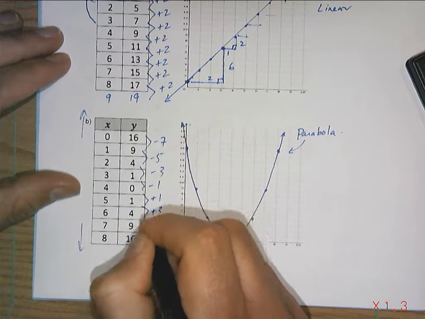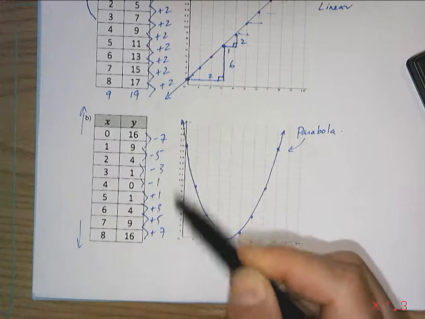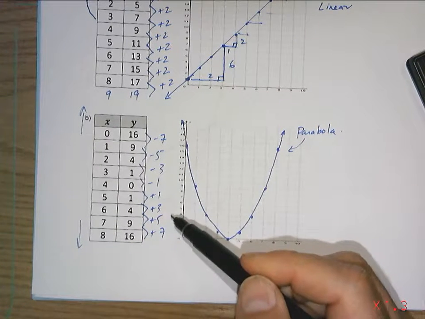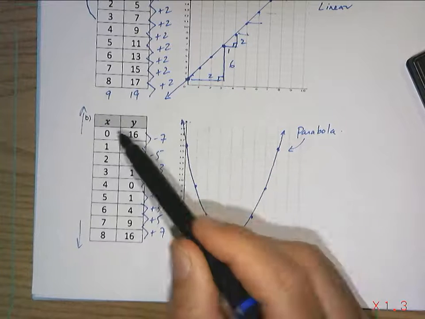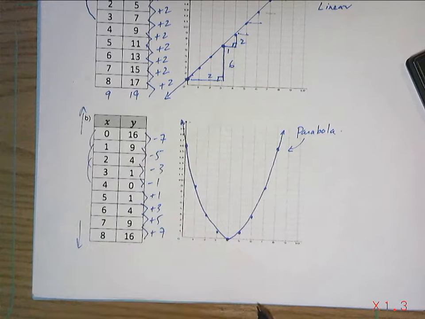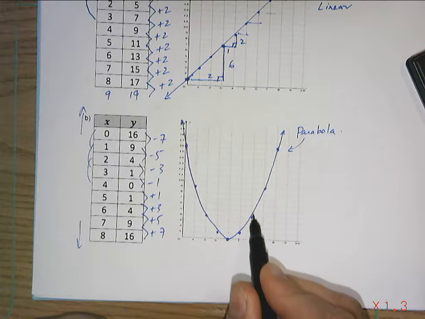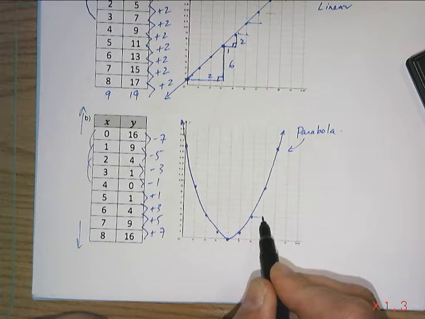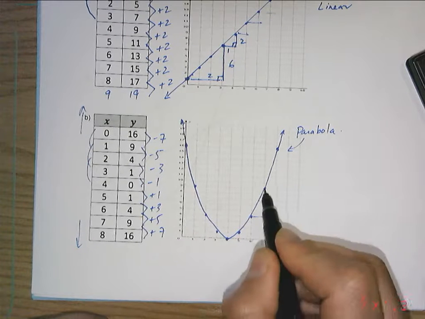Then plus 3. Then plus 5. Then plus 7. This is definitely not the same as this one, is it? It doesn't have the same constant rate of change in between each x value. So I move over 1, I go up 1. I moved over 1, I went up 3. I moved over 1 from this point, and I went up 5. I moved over 1, and I went up 7.